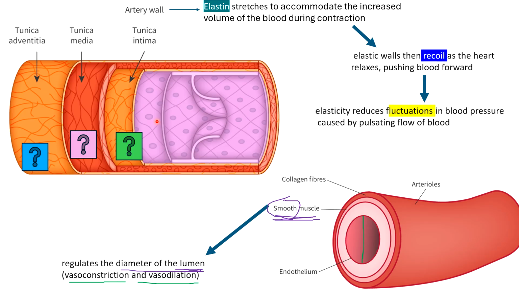Next one, tunica media, is made of the smooth muscle we just talked about and the elastin, the elastic fibers. And now the outer layer, the tunica adventitia. It is made of mostly collagen fibers, which protect the artery and anchor it, so, you know, like an anchor, stick it to surrounding structures.